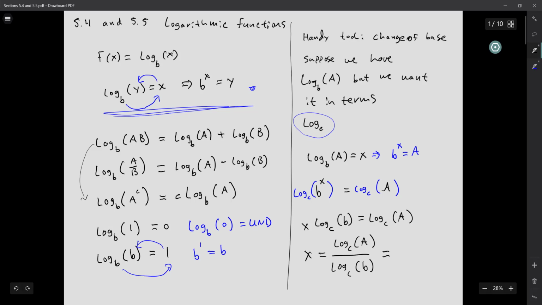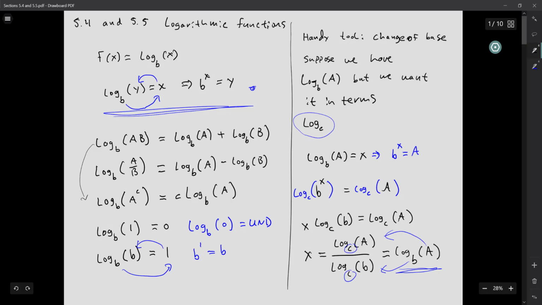So let's fill in. My original x was log base b of a. So if I have an original log, I can change it to be in terms of any other base I want just by lining up the parts in this little formula here.